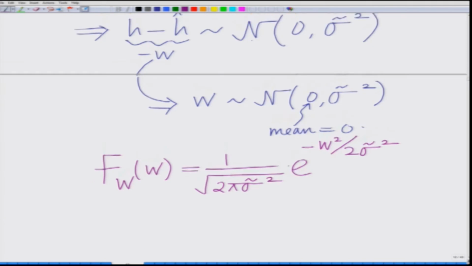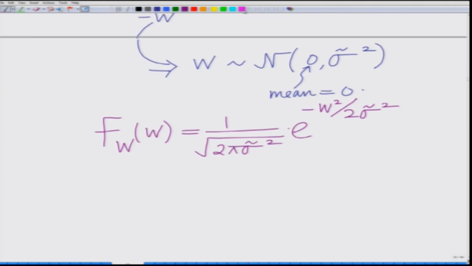This is the probability density function of the estimation error W.